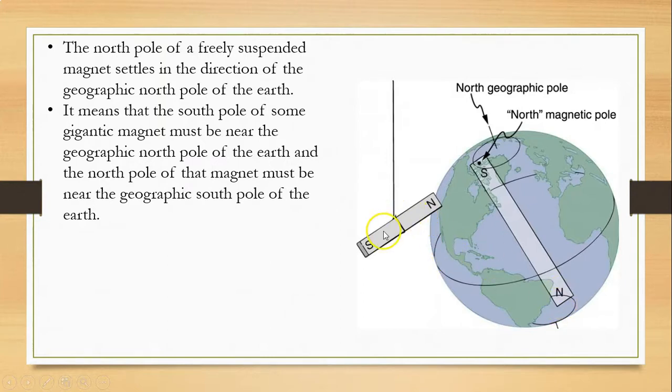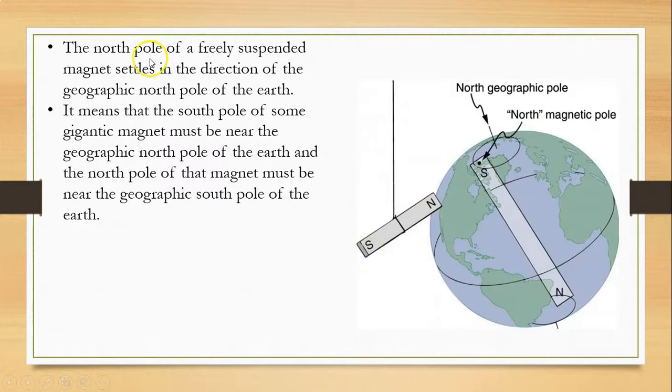And that is why when we allow a magnet to suspend freely, it always rests in north-south position. Again, unlike poles attract each other. So this north pole is attracted to the south of the earth, and the south is attracted to the north of the earth. That is why a suspended magnet always rests in north-south direction.